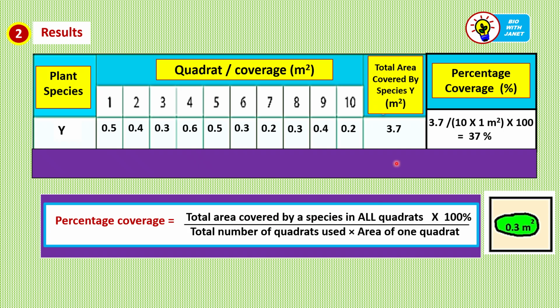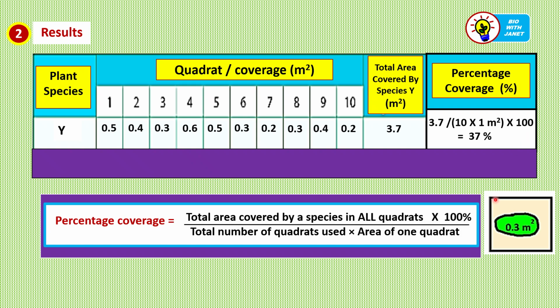Percentage coverage equals the total area covered by the species in all the quadrats, which is 3.7, divided by the total number of quadrats, which is 10, and then the area of one quadrat is 1 meter squared. Okay, so 3.7 divided by 10 times 1. Then you have to multiply by 100 to change it into a percentage. So the answer is 37%.